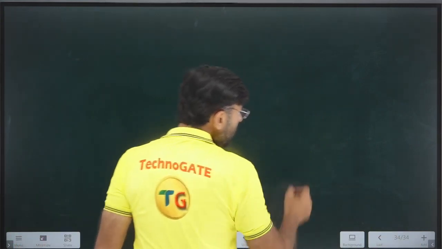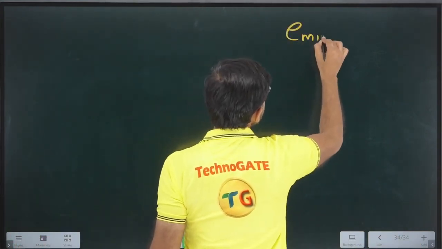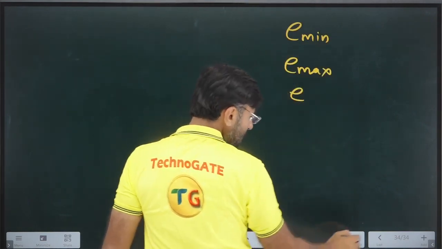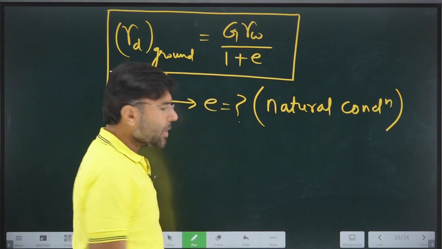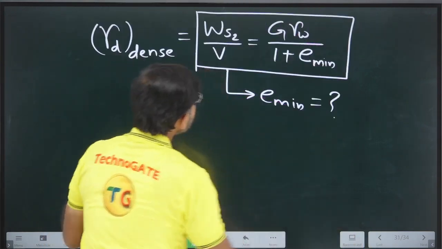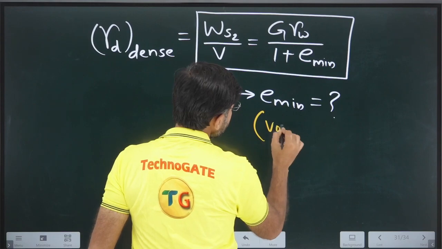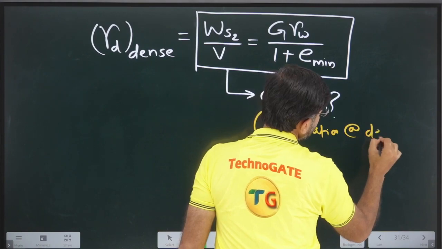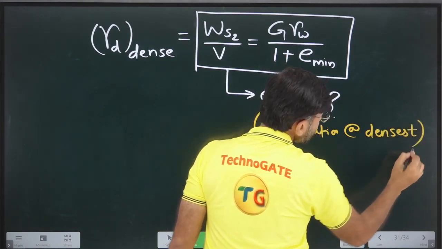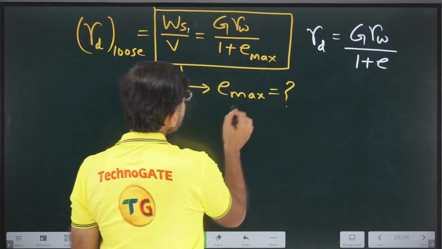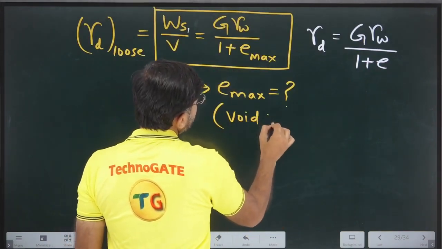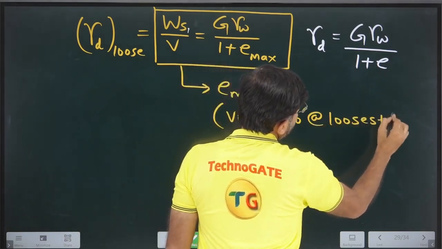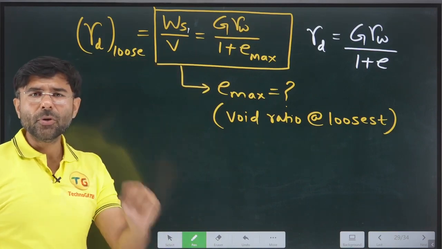So from these three values, I am having E minimum, I am having E maximum, and I am having E. E, that is the void ratio under natural condition, and E minimum, this is void ratio at densest condition, and E maximum, this is void ratio at loosest condition. I am having three void ratios now.